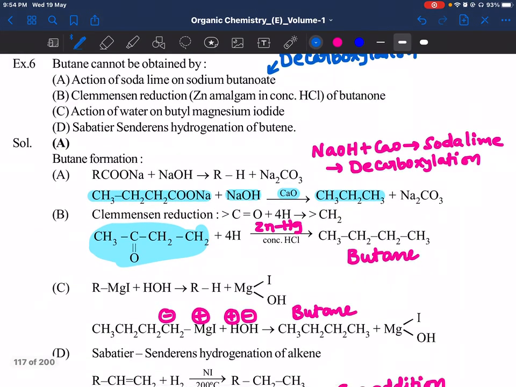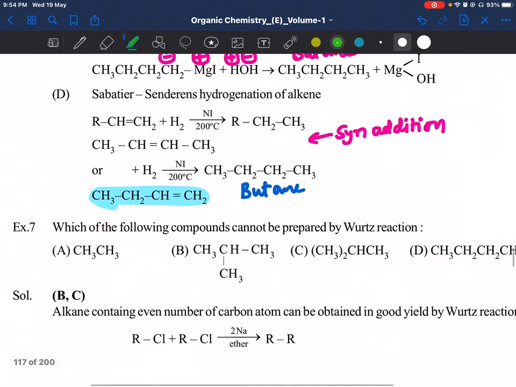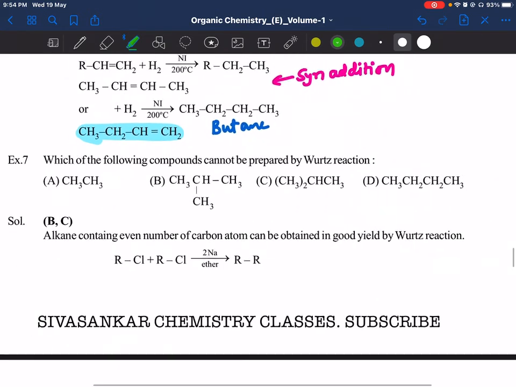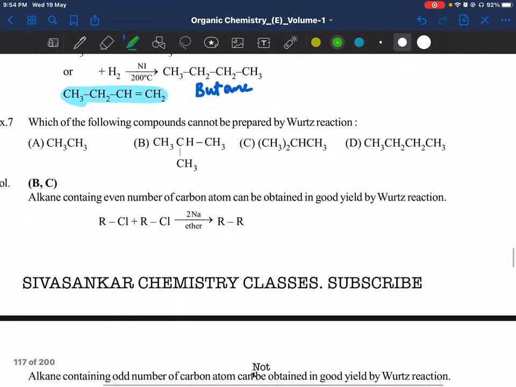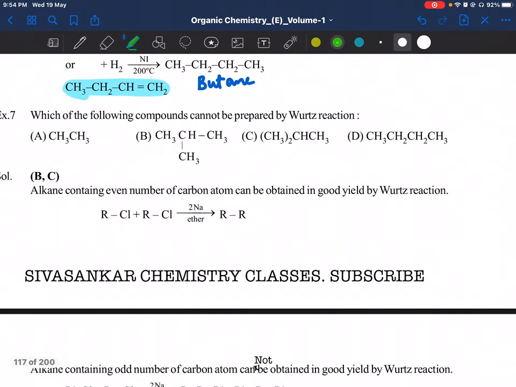So the one which is not able to give butane is the action of soda lime on sodium butanoate. Okay, students, this reaction. Next one: which of the following compounds cannot be prepared by Wurtz reaction?